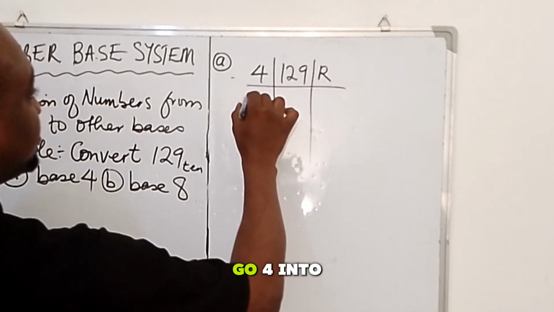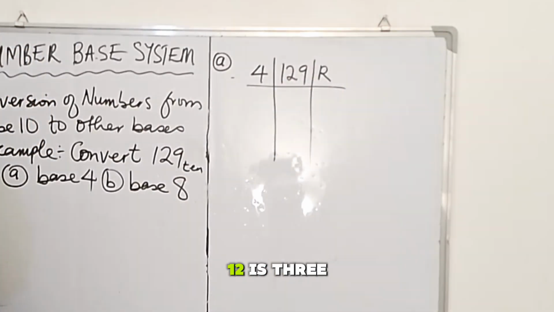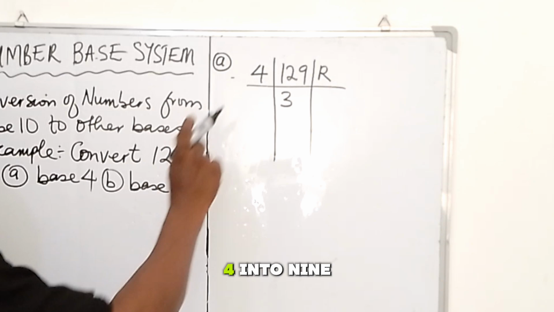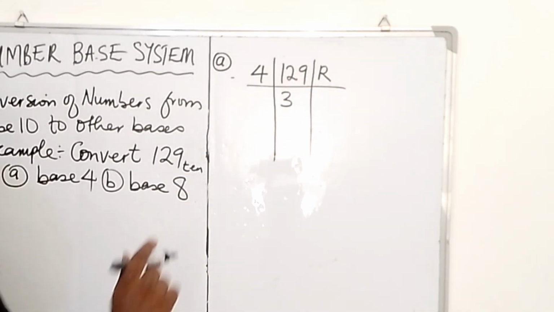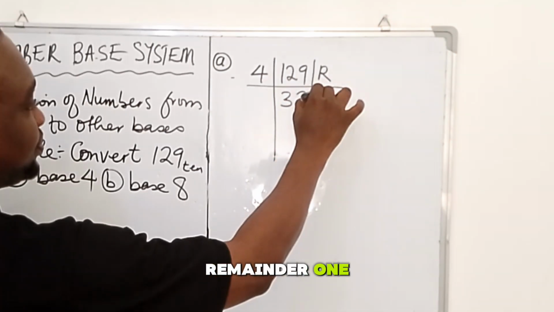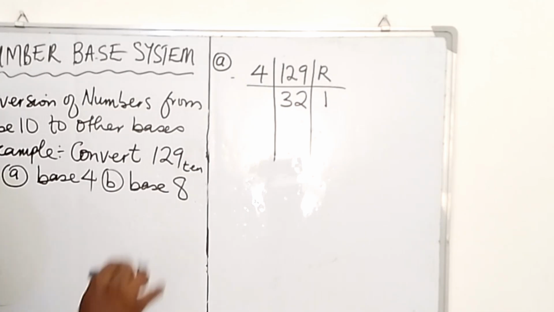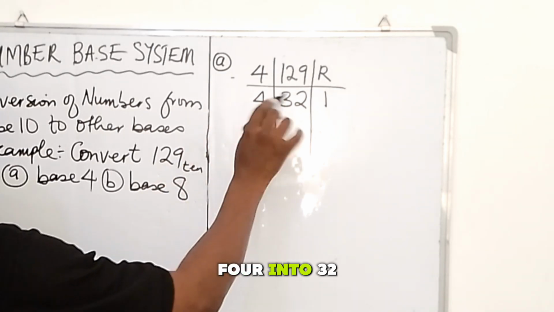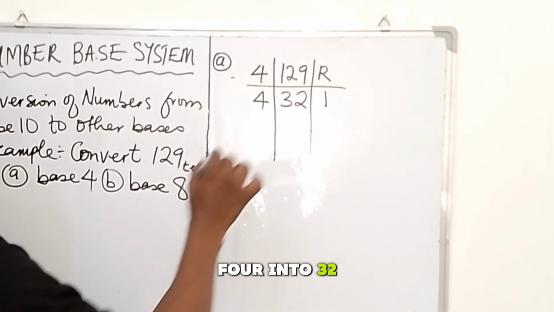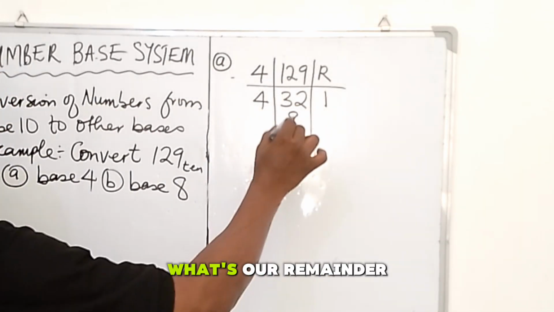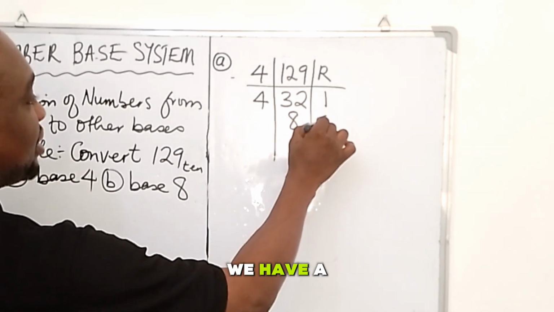So here we go. 4 into 12 is 3 times. 4 into 9 is 2 times. Remainder 1. Still using 4 again. 4 into 32 is 8 times. What's our remainder?